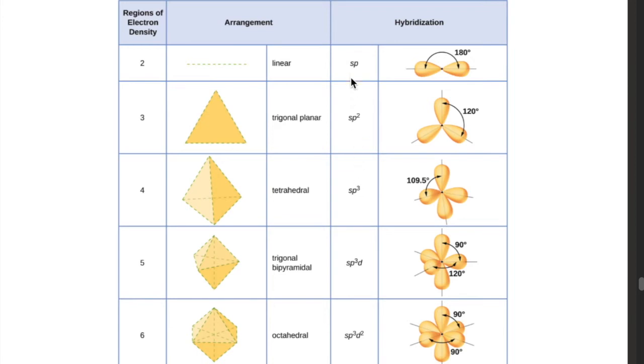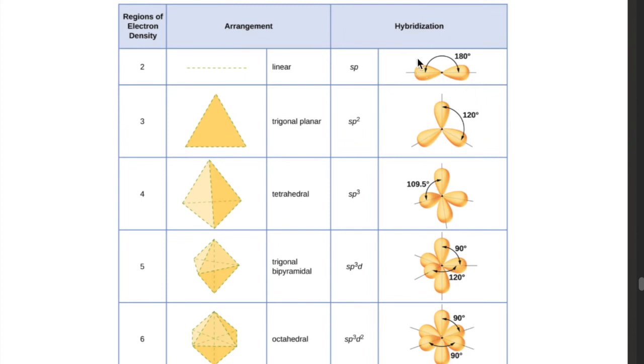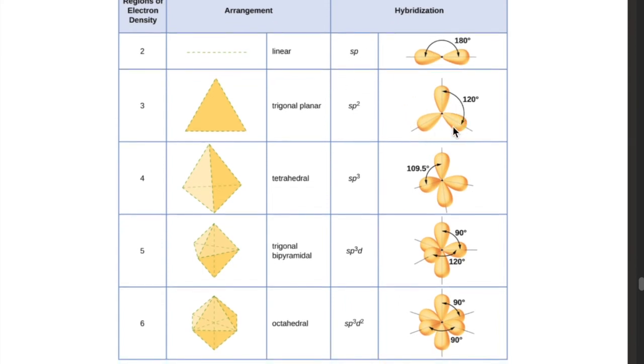So the only thing new on this chart is this additional column, which tells the hybridization that went into making this shape. So to make these 2 hybrid orbitals, you need an S and a P. These are called sp hybridized orbitals. The set of 3 is called sp2 hybridized. These 4 orbitals are sp3 hybridized.